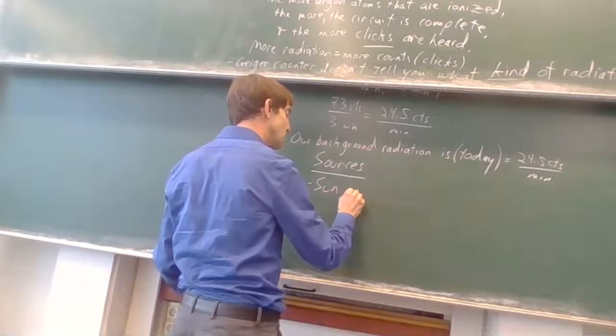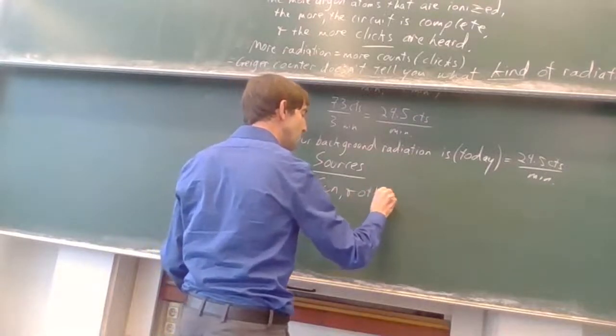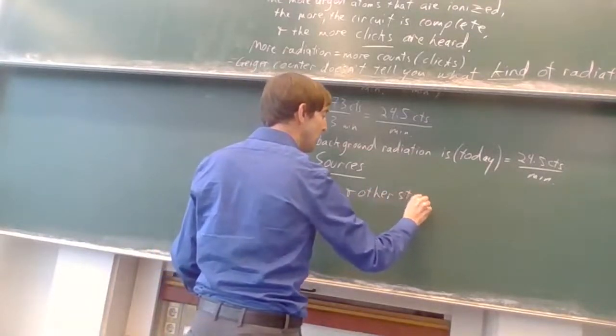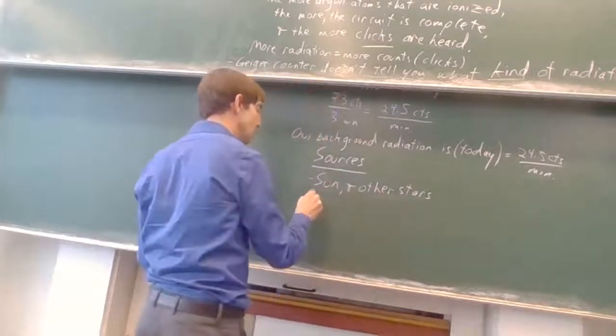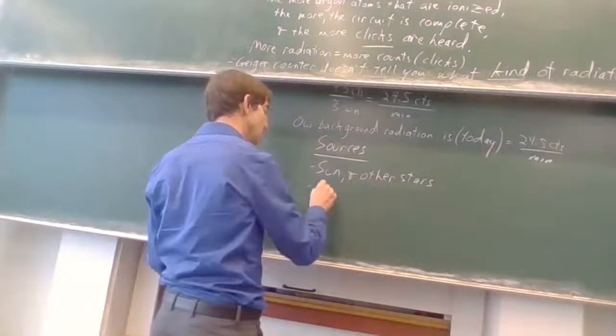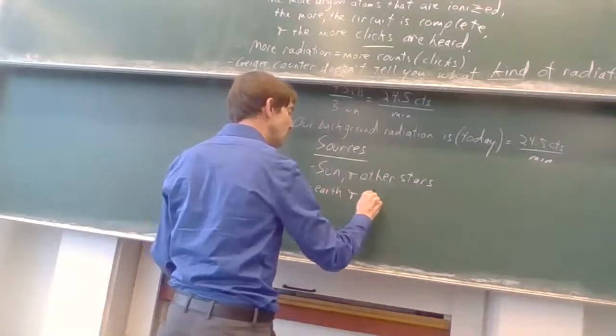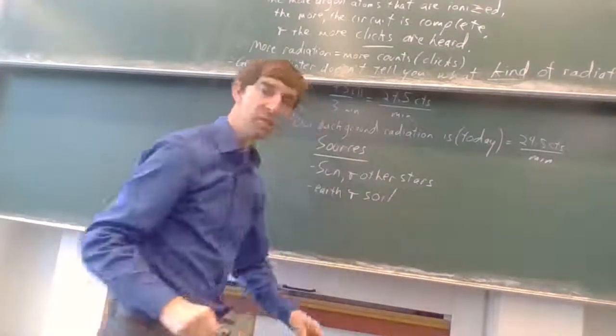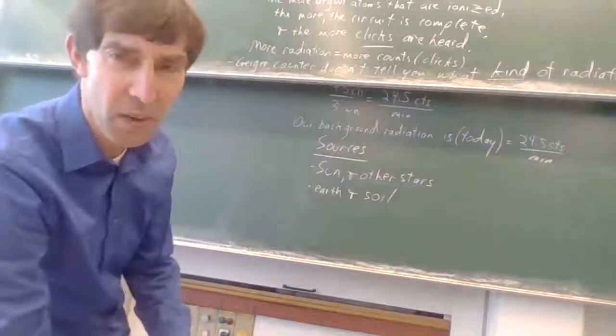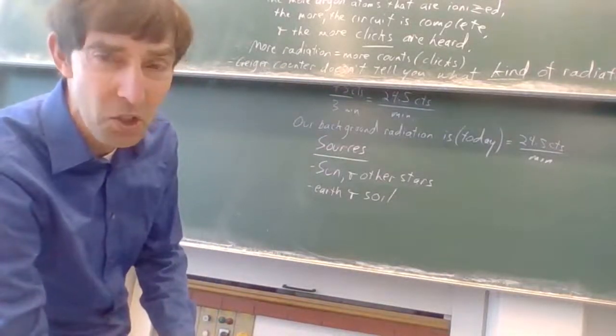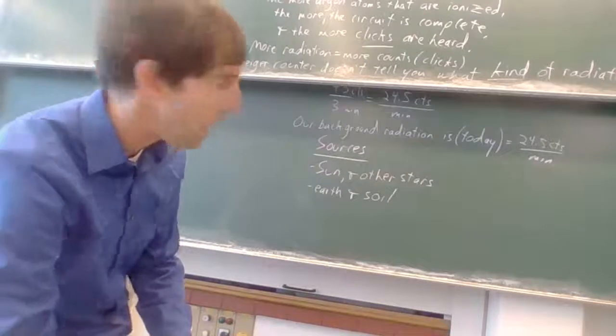But other stars too. Obviously, they're further away. The sun's pretty close. What else? The earth and soil. Sometimes there's elements in the earth that are radioactive, and they're just naturally in the soils of the earth or the rocks.